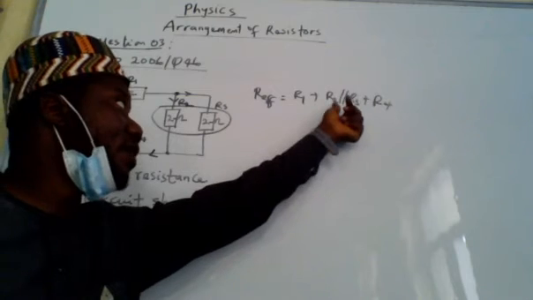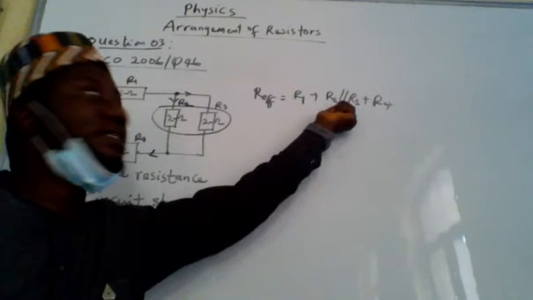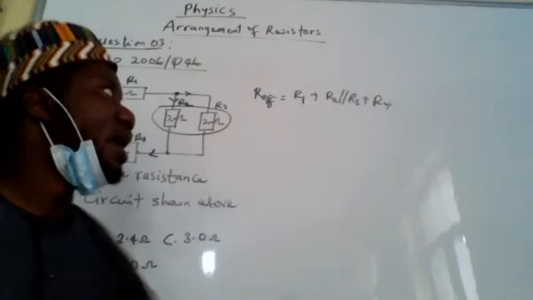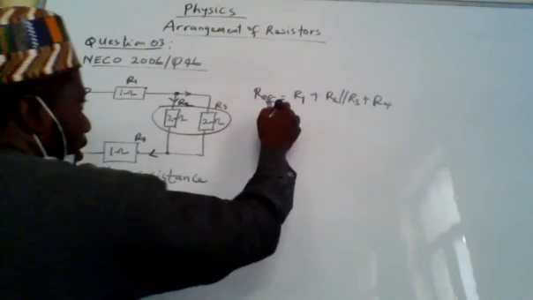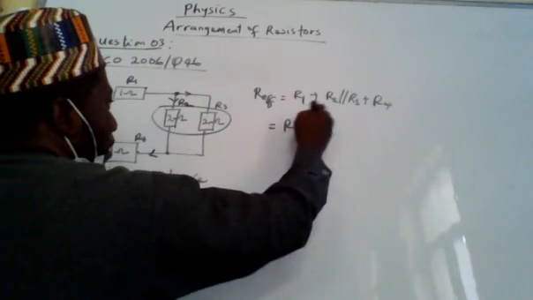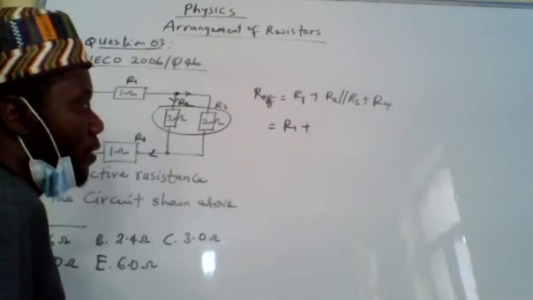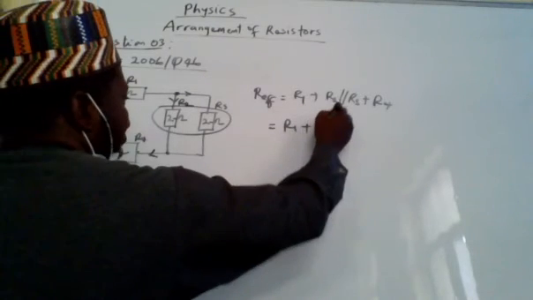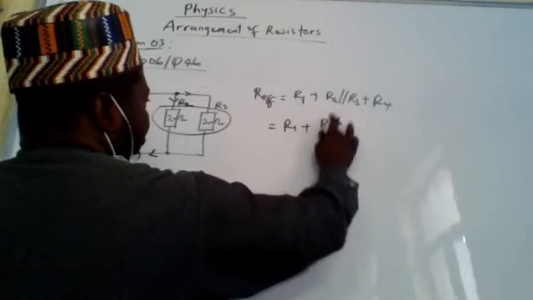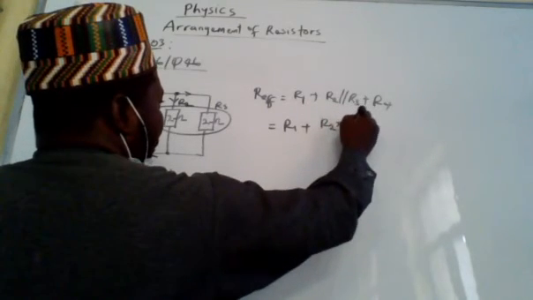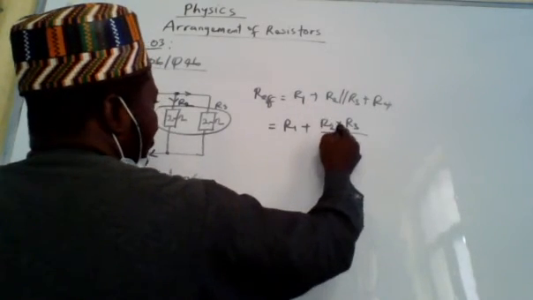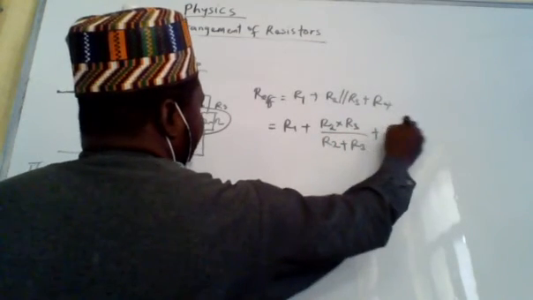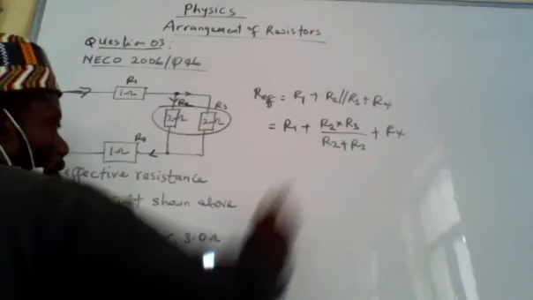Don't forget that R2 and R3, if combined, the combination is in series to R1 and R4. So we now go in, we say R1 plus, from the principle of two resistors in parallel, that will be R2 times R3 over R2 plus R3, plus R4. Don't forget, special case of two resistors in parallel.